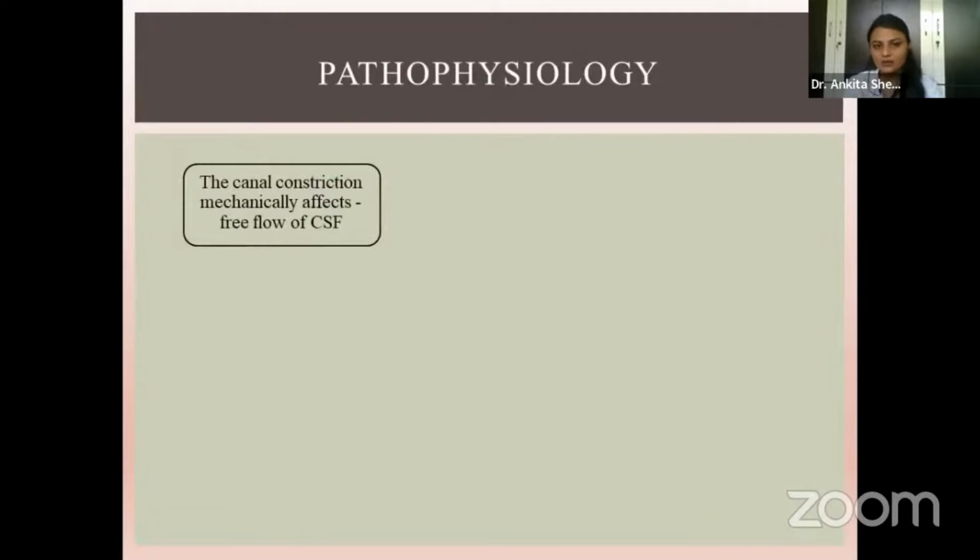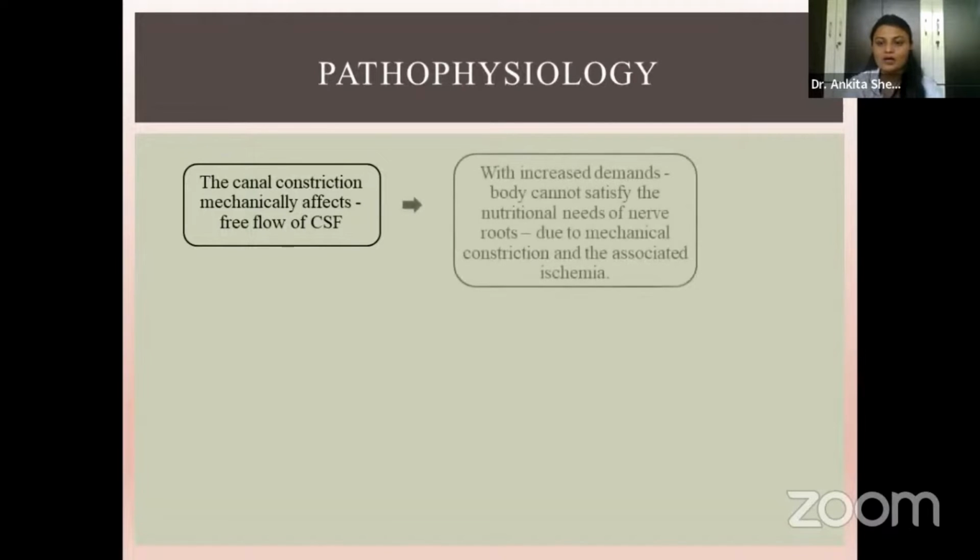When we talk about pathophysiology, the mechanical canal constriction that is caused affects the nerve bundles that are running from the spinal canal and also the free flow of CSF, which is cerebrospinal fluid. With increased demands placed on the cauda equina, the body cannot satisfy the nutritional needs of the nerve roots due to mechanical constriction and the associated ischemia.